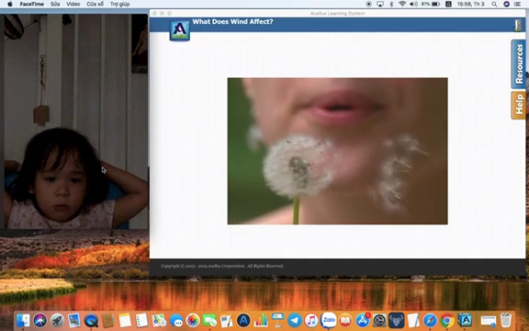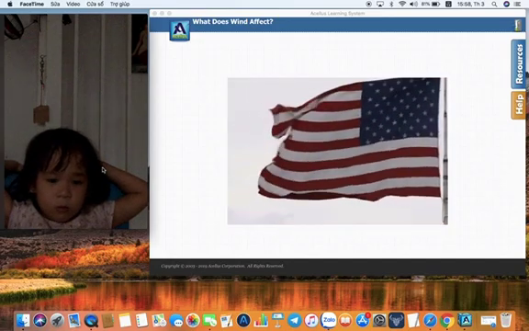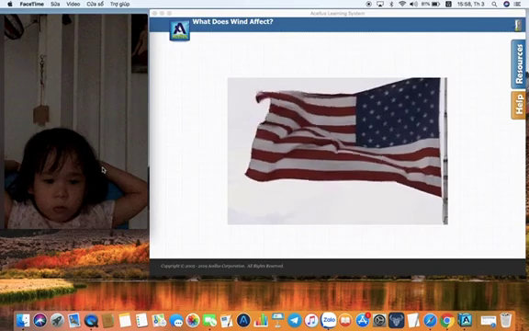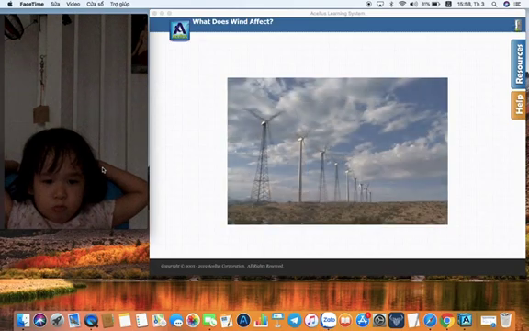There are also things like flags and many other light things which can blow in the wind. Some things like sailboats or windmills are powered by wind. These also are light enough that wind can move them.